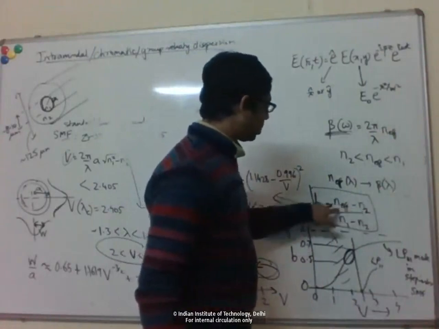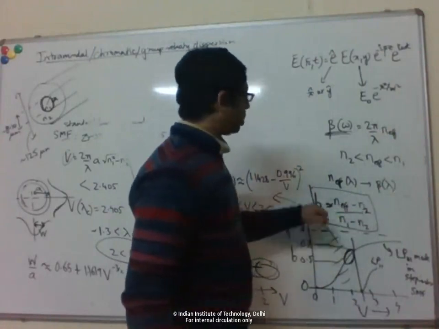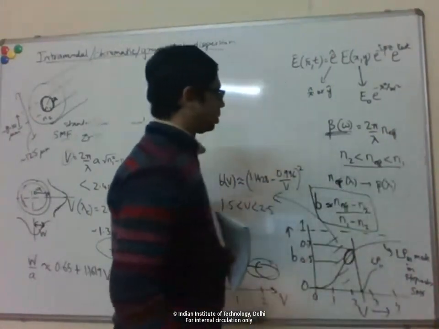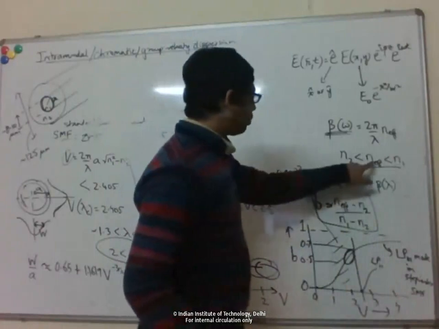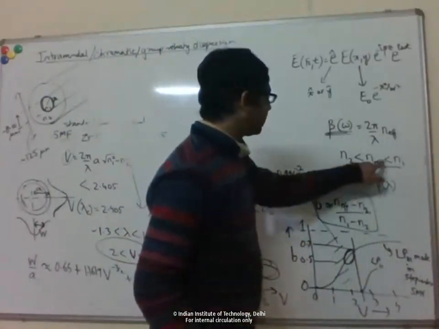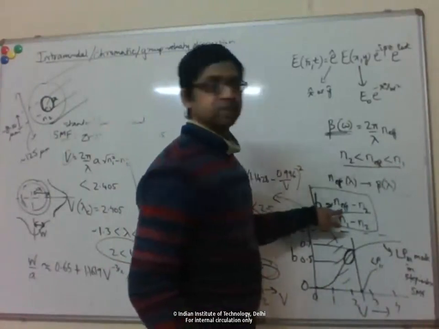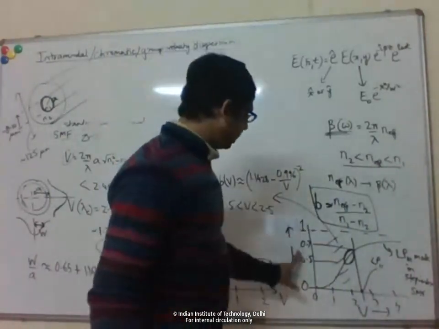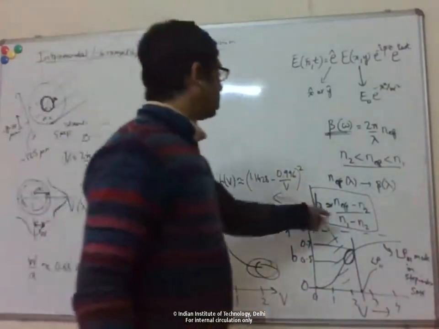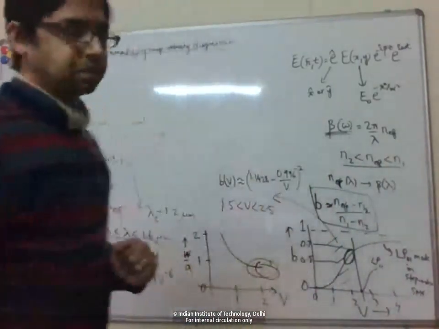We subtract n2 from n effective and divide by n1 minus n2. Because n effective lies between n1 and n2, the minimum value of b is 0 if n effective is n2, and the maximum value of b is 1 when n effective is n1. So small b lies between 0 and 1. It's just a normalized way of writing the propagation constant.